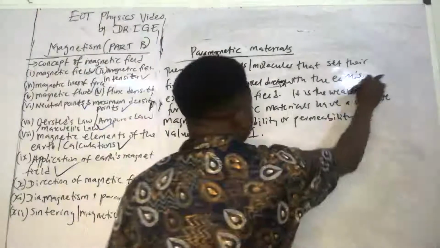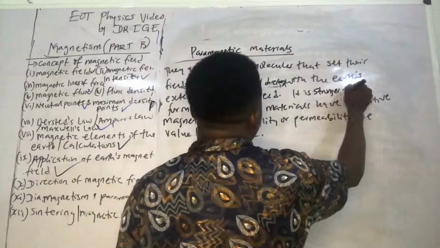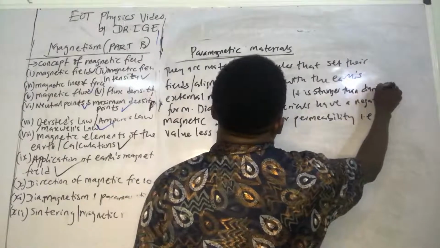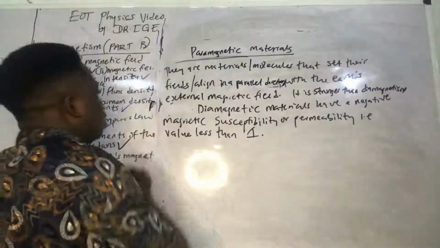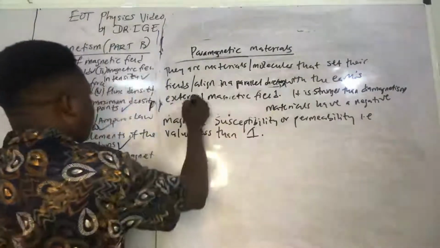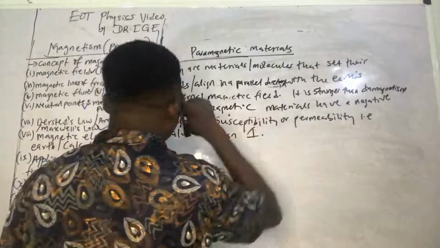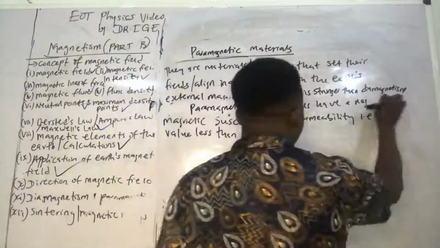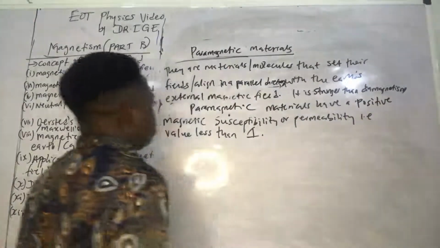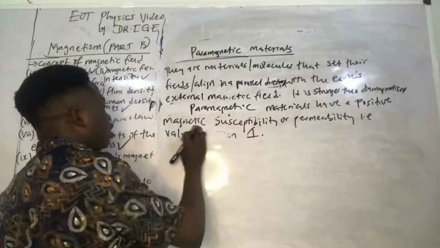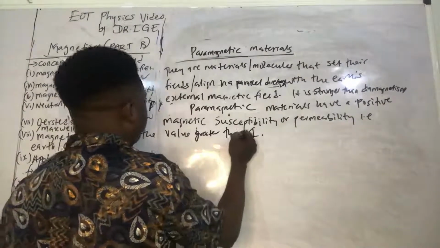It is stronger than diamagnetism. And paramagnetic materials have a positive magnetic susceptibility that is greater than 1.